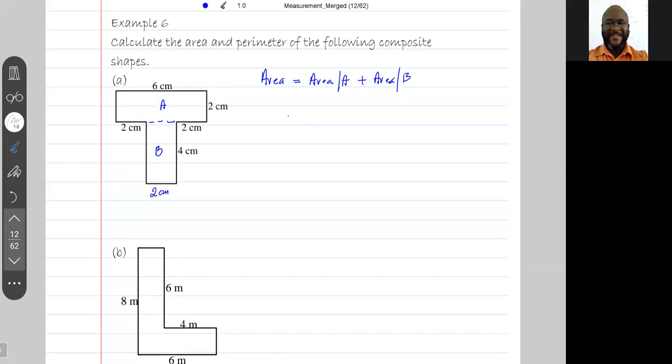So the area is 6 times 2 for A plus 4 times 2 for B. So this would be 12 plus 8. The area is 20 centimeters square. That's the area.